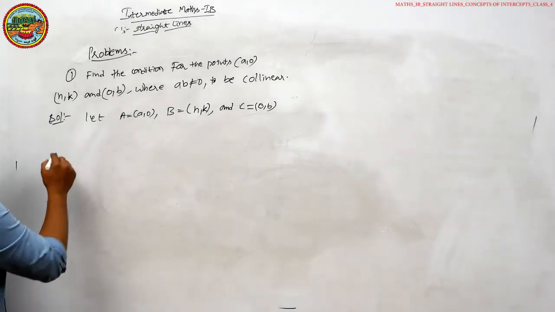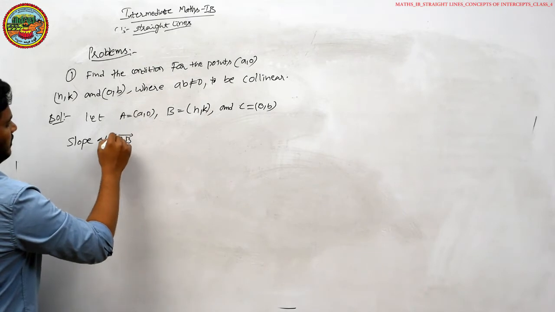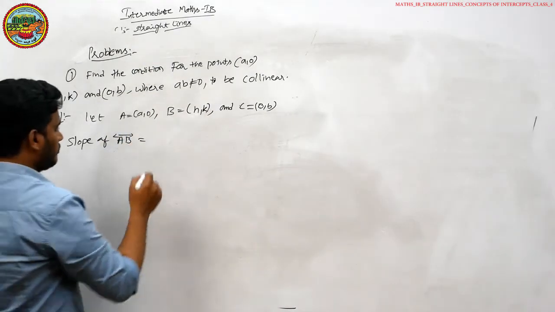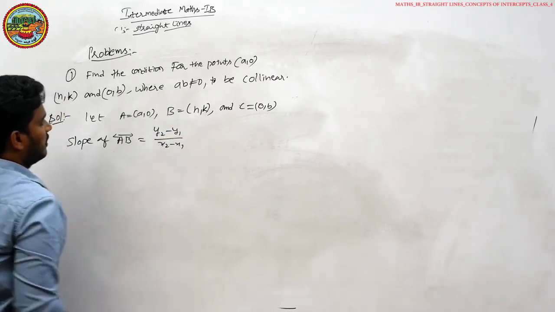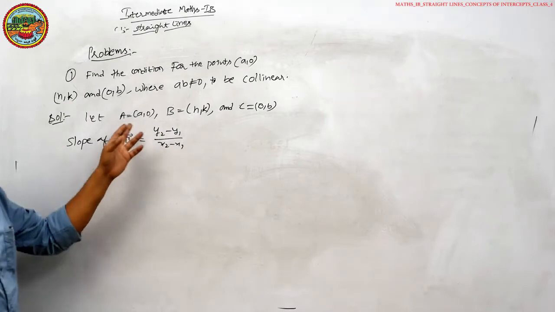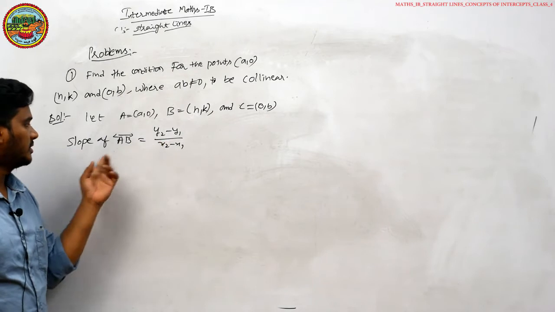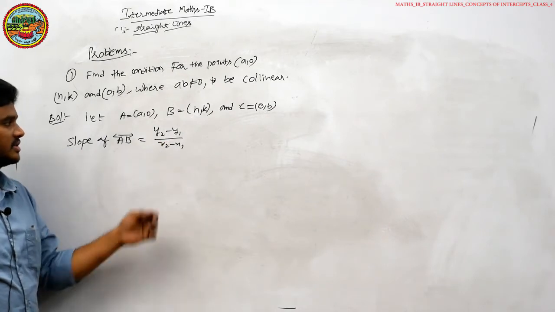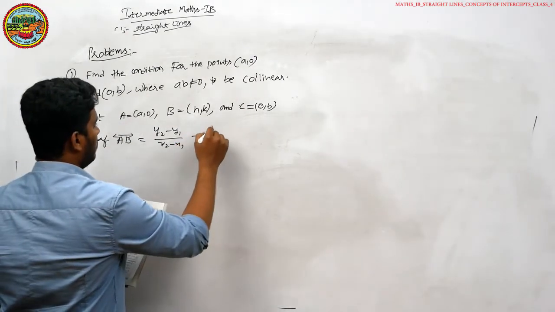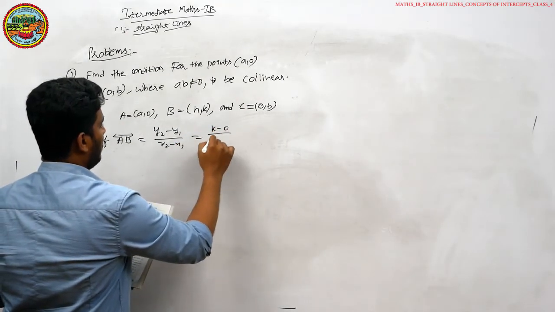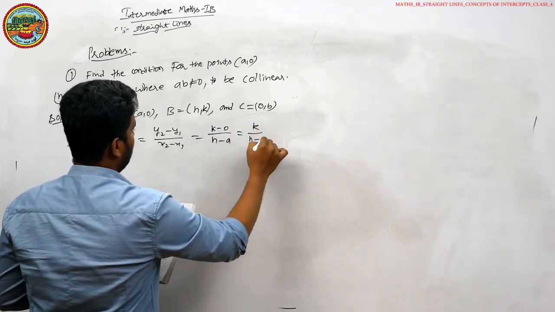Therefore slope of AB is equal to y2 minus y1 by x2 minus x1. This is the formula when 2 points are given: the slope of that line is y2 minus y1 by x2 minus x1. Therefore it is equal to k minus 0 by h minus a, that is k by h minus a.